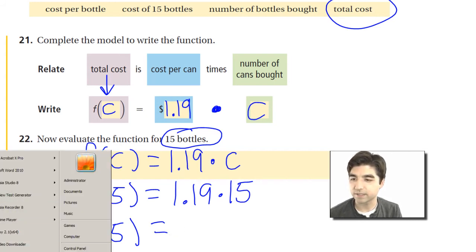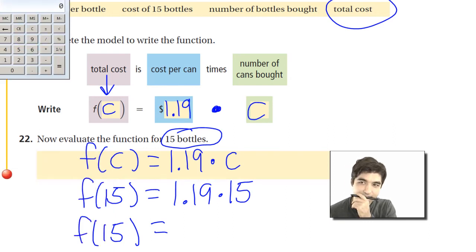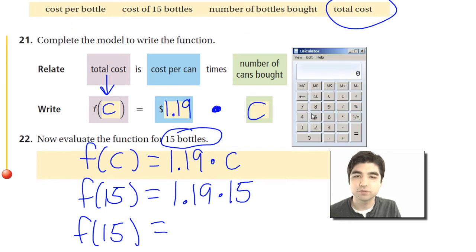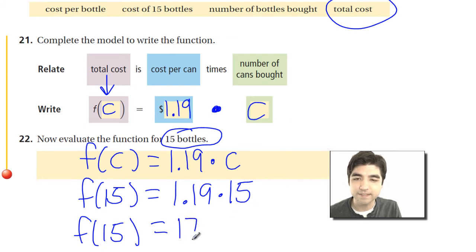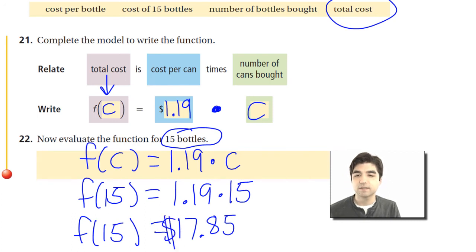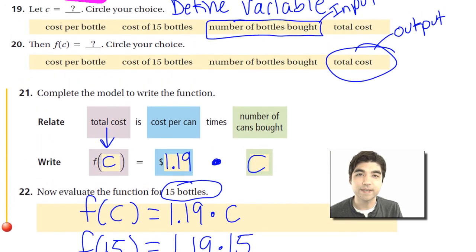Let's do calculator. Let's see, we got 1.19 times 15 equals $17.85. Okay, so you're going to owe the cashier $17.85.